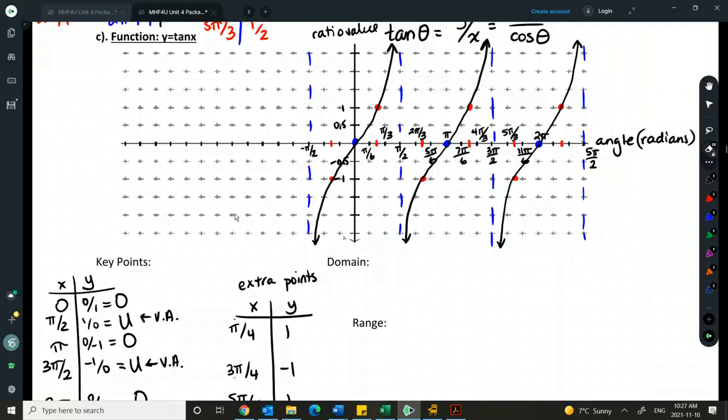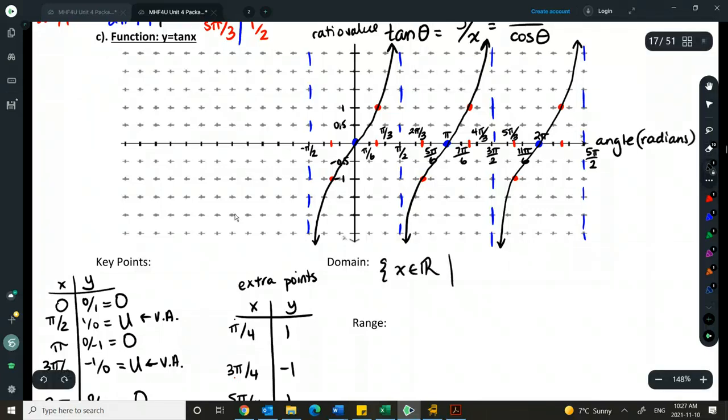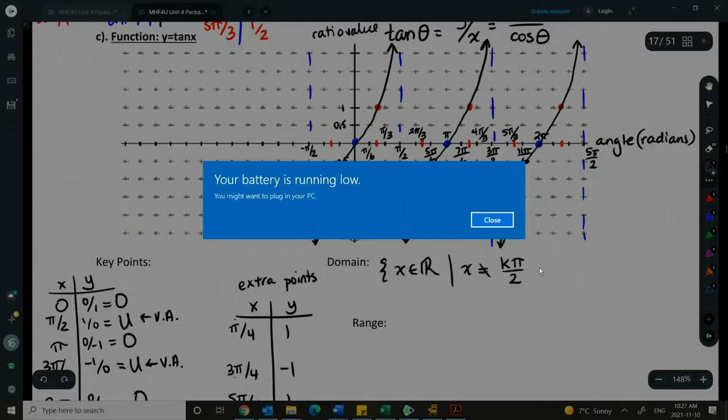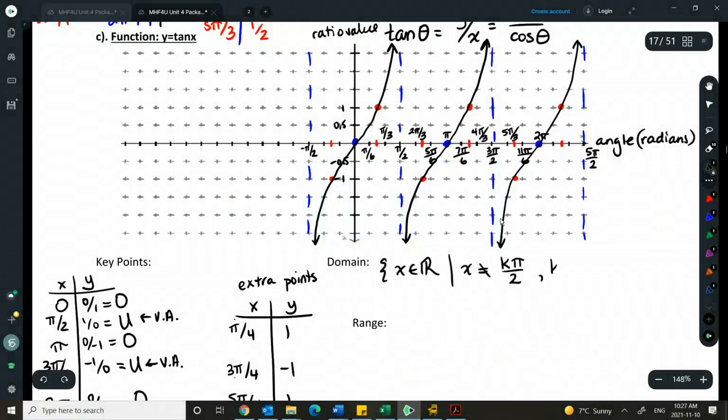Oliver? An odd number of π/2. Odd numbers of π/2, perfect. So we're going to say for our domain, x can be anything except x is undefined, so x cannot equal odd multiples of π/2. So we're going to say kπ/2, where k is a whole number, so we want to say from the set of integers, and k is odd.